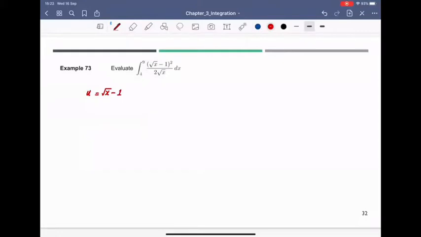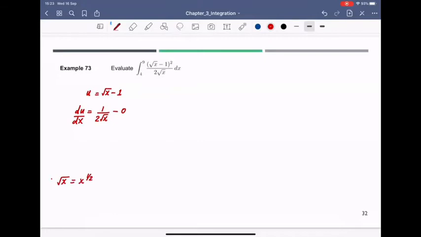If I pick u equal to square root x minus 1, then du equals the derivative of square root x, which is 1 over 2 square root x, and differentiating 1 gives 0. For those of you who cannot follow, square root x is x to the 1/2.